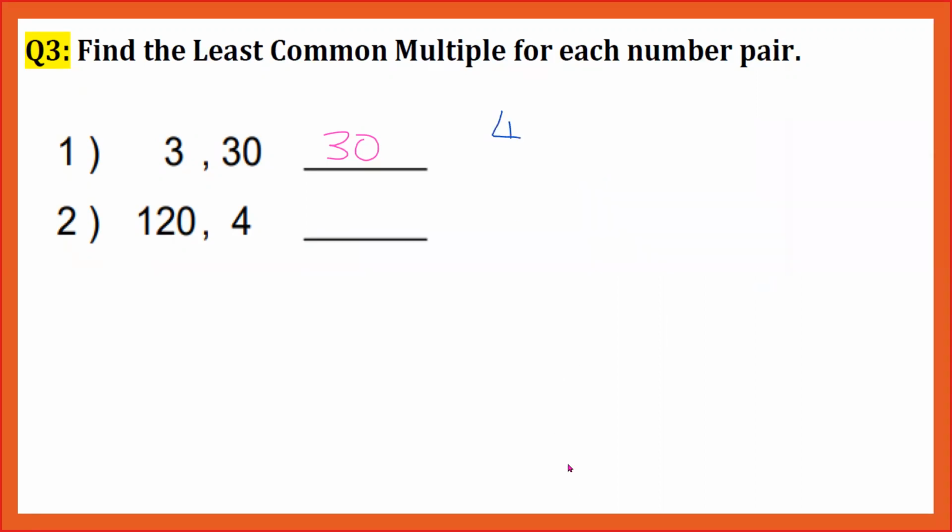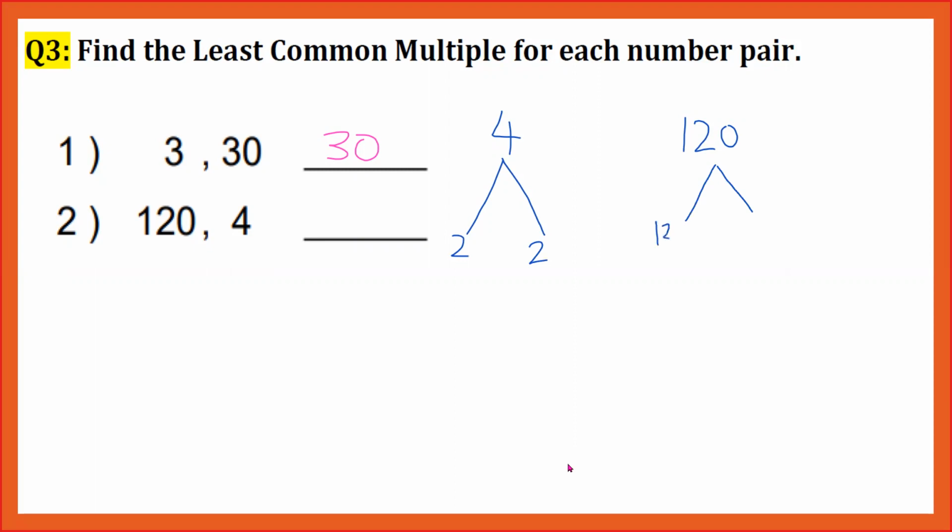Here we have 4 and 120. Now give me 2 factors that, when you multiply them, you get 4. We have 2 by 2. And 120: 12 by 10.